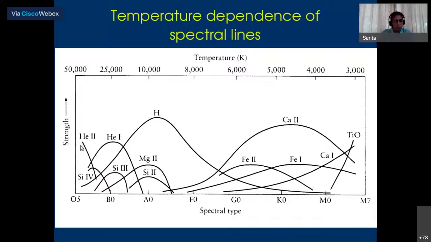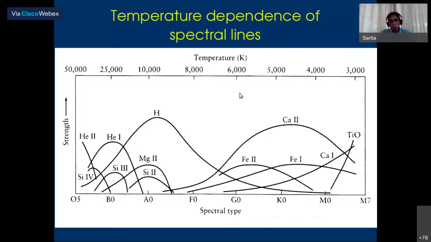You can see the helium 2 lines and the helium 1 lines, but the strength of these lines is much lower. That's why, as we saw in the last slide, for the O-type stars it's mostly hydrogen, helium, and ionized helium. Yeah, these lines are also seen, but their intensity or strength is much lower. Similarly, the magnesium 2 line is also there, but its strength is lower.